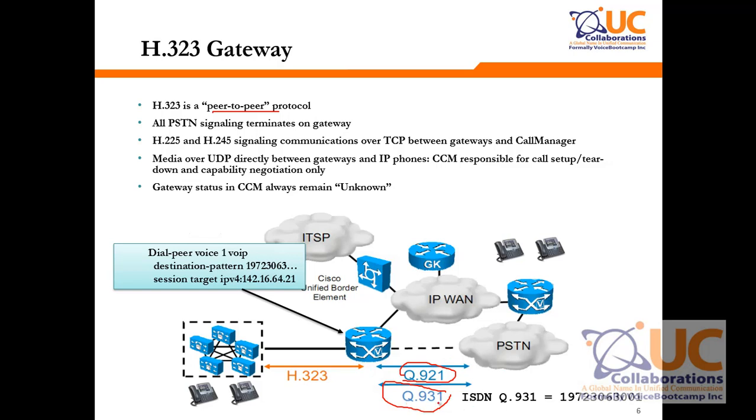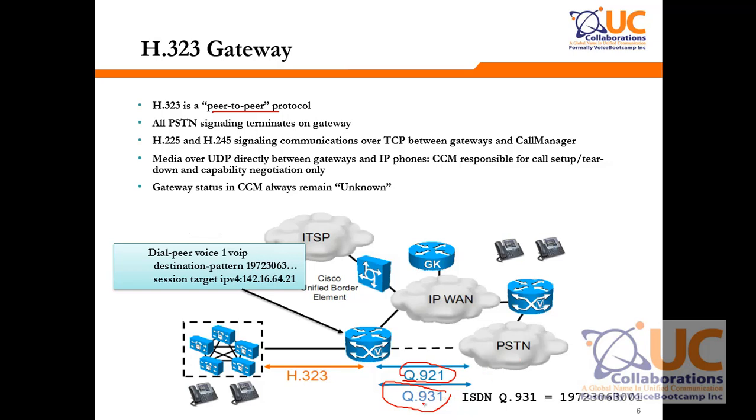But Q931 focuses on layer 3 addressing. Q931 is where you will see the caller ID, the number that the user dialed, their name, the reason why the call got disconnected or not connecting, and which port, which channel rather, the call came through.